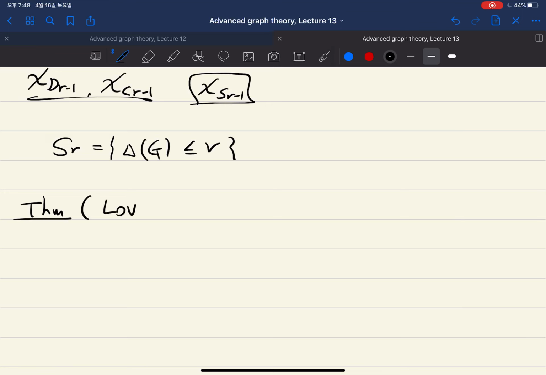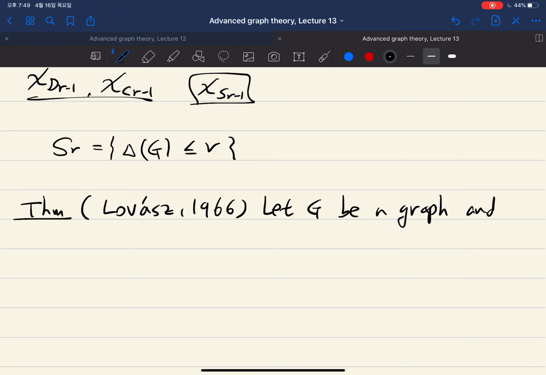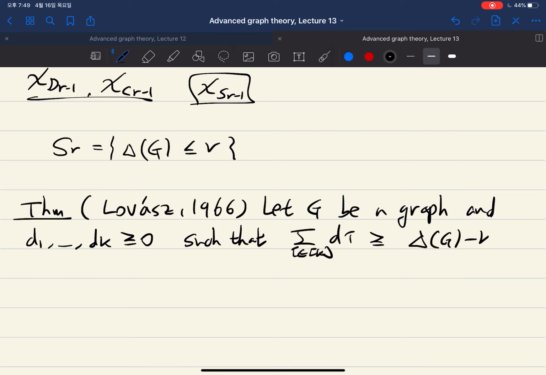Regarding this S sub r chromatic number, Roberts in 1966 proved the following theorem, which provides an upper bound. Let G be a graph and d_1 to d_k be at least 0 such that the summation of d_i is at least delta of G minus k plus 1.